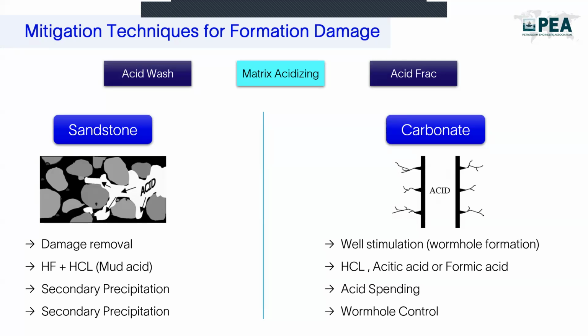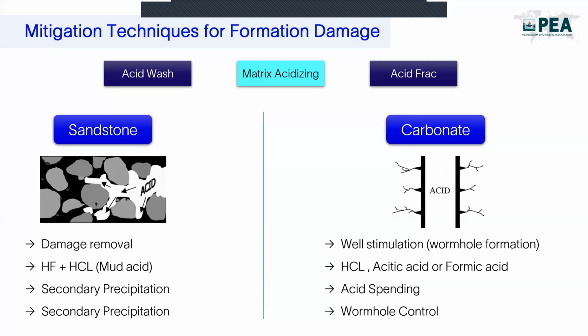That's why, if you have a little bit of high water cut in carbonates with matrix acidizing, sometimes these wormholes connect the well with the water production, and you end up with very high water production in carbonate. So that's why you need to control the volumes and the injection pressure.